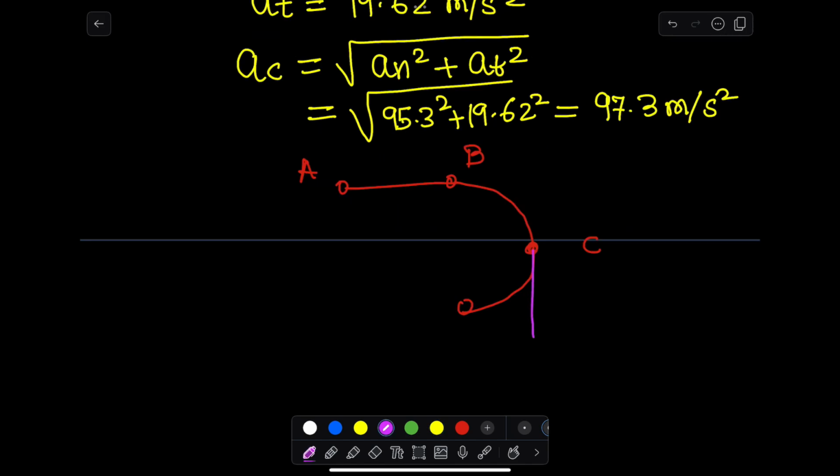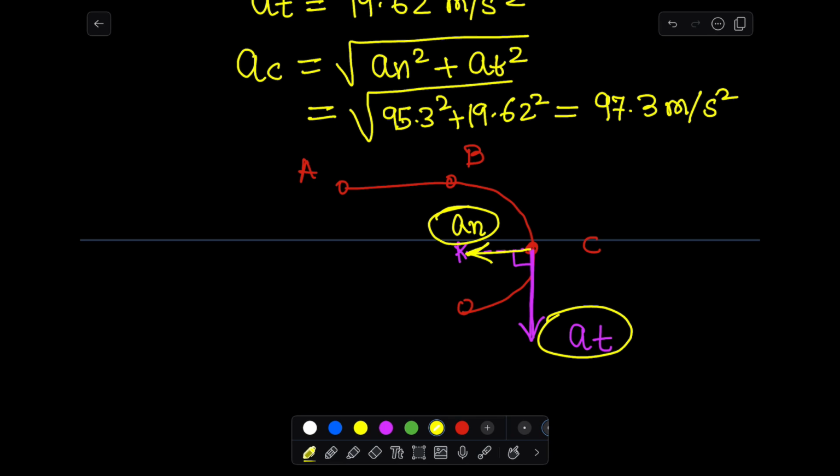Now let's make a vector diagram for the acceleration, showing both components. We will first draw the tangent and the normal. Normal will be towards the center and the tangent will be at 90 degree to the normal. In this case we have drawn the acceleration in the tangential direction and in the normal direction.